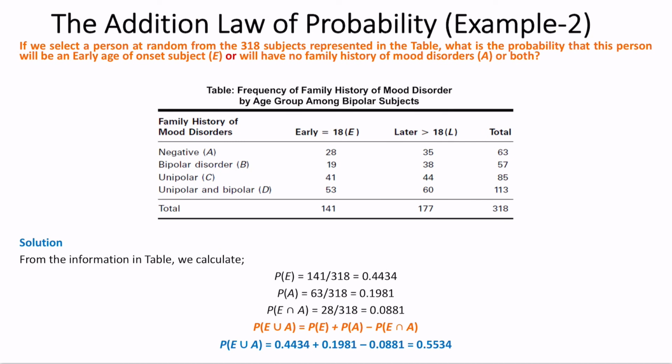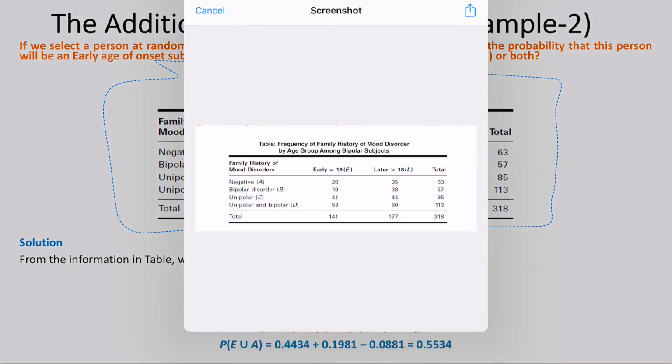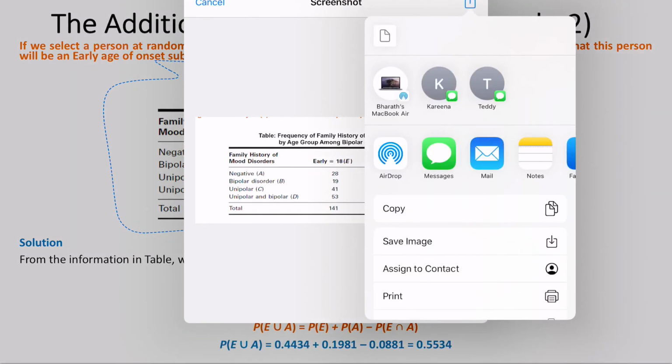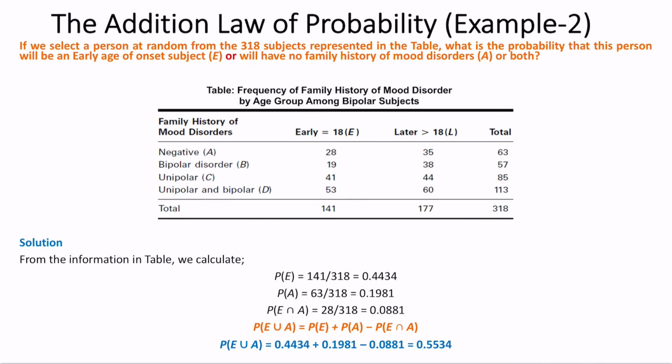Let's take another example. We did not do this problem before. So here we have a problem. Here they are asking you to find the probability that the person will be an early age or will have no family history of mood disorders, or both.